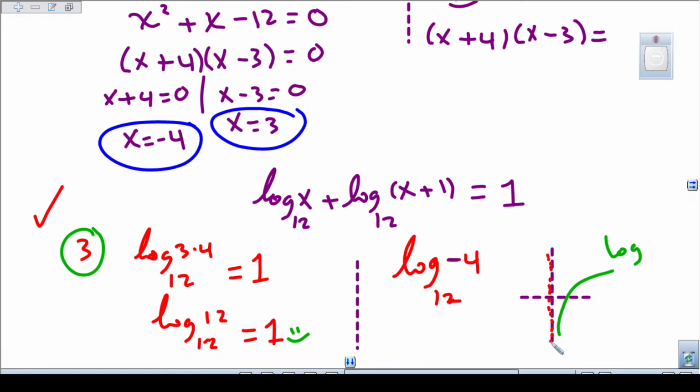So you have to reject -4. So x cannot equal -4. Yes, it was a solution, but it doesn't work. The only solution here is just 3.